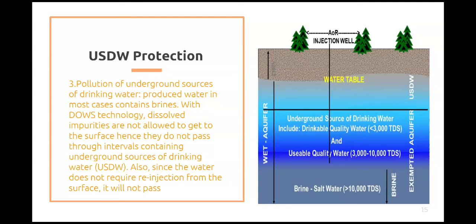With the downhole oil water separator technology, dissolved impurities are not allowed to get to the surface, hence they do not pass through intervals containing underground sources of drinking water. Also, since the water does not require re-injection from the surface, it will not pass the aquifer.